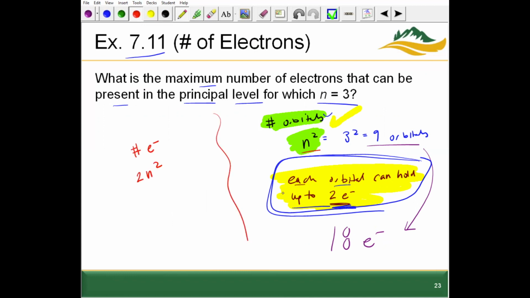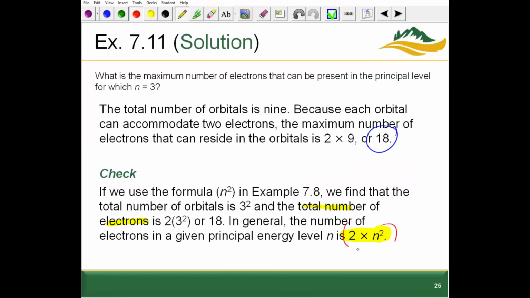So that's this equation here. Either way, when n is equal to 3, so 3 squared is 9 times 2, that's 18 possible electrons when the principal quantum number is n equal to 3.